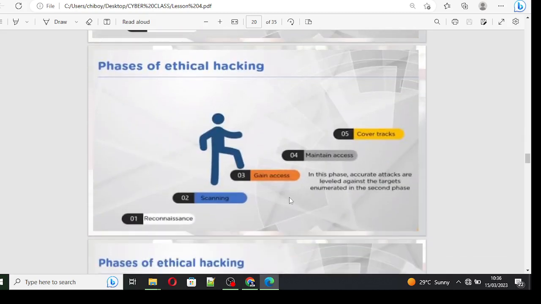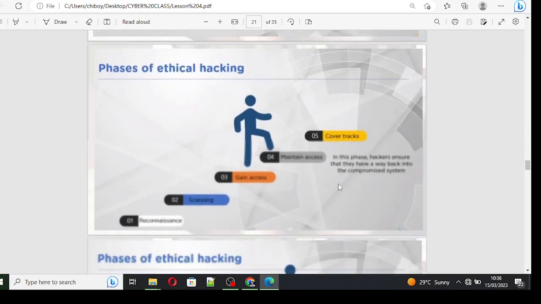Then gaining access: in this phase, actual attacks are leveled against the targets enumerated in the second phase.